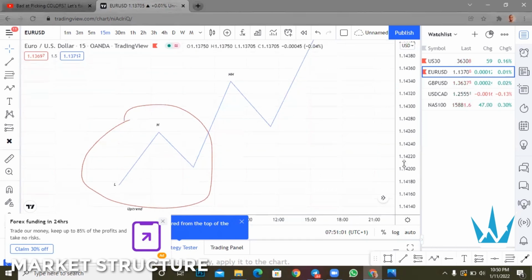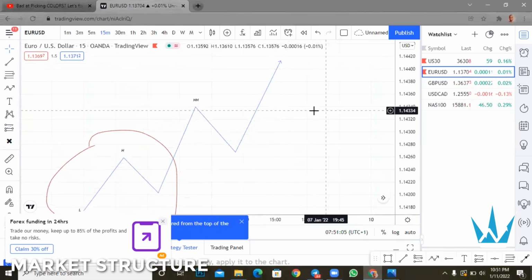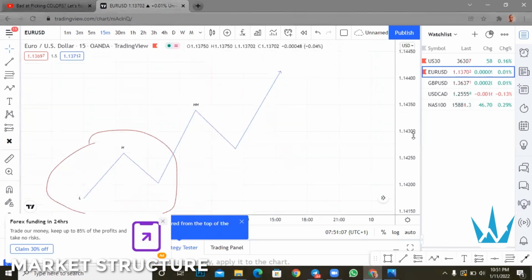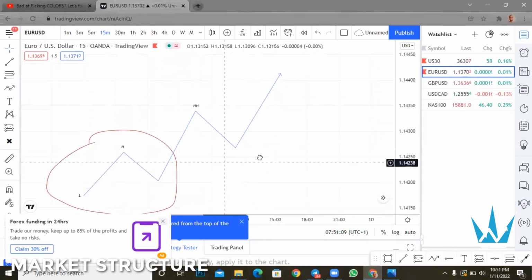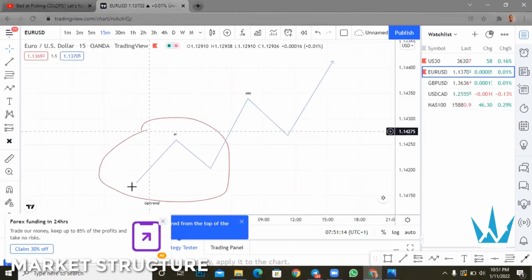Let's forget this side for now. In this circled place, what do we see as a high? Here. What do we see as low? Here, in this particular period of time. That's what I'm trying to make you understand.